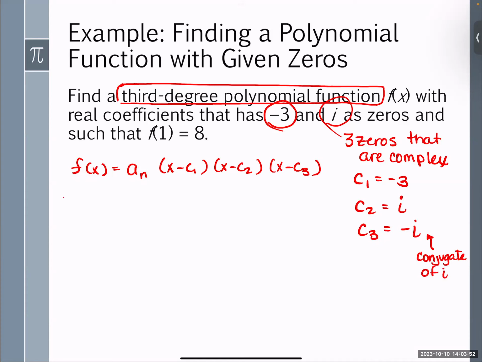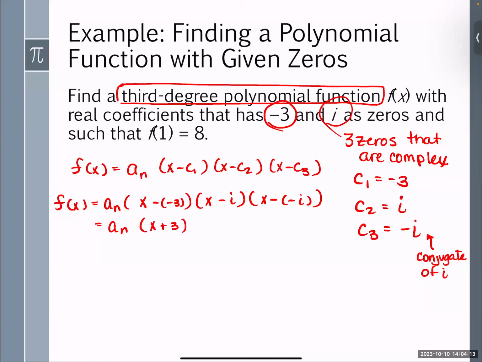Okay, so this thing factors to f of x equals a sub n times x minus negative 3 times x minus i times x minus negative i. So let's rewrite this. A sub n times x plus 3 times x minus i times x plus i.